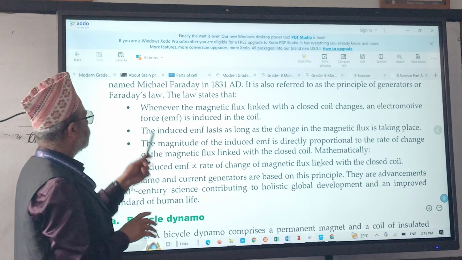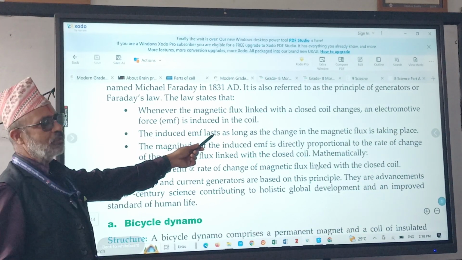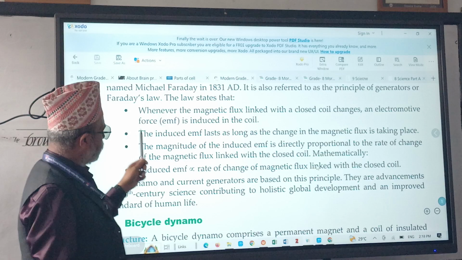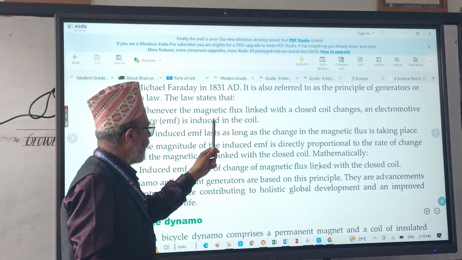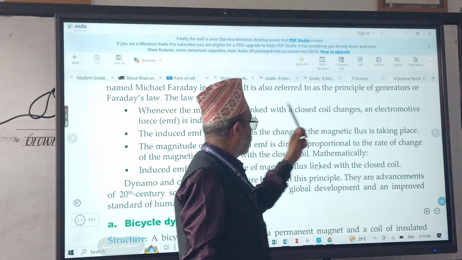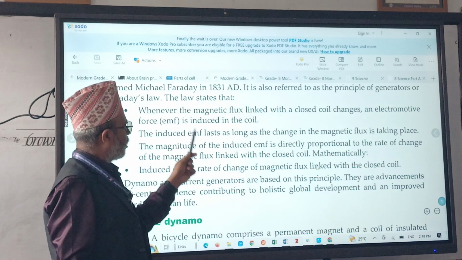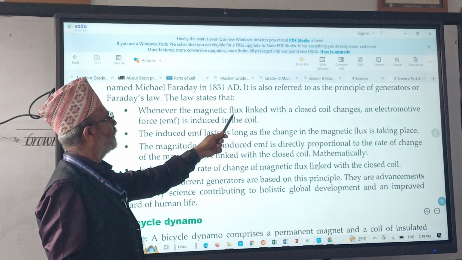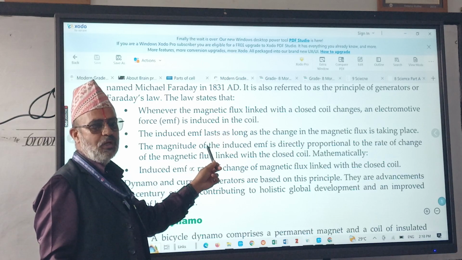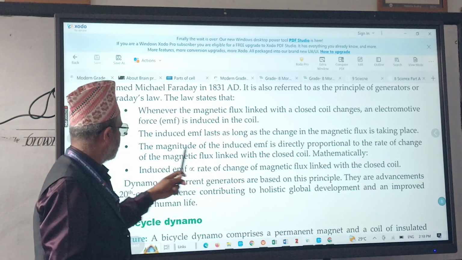Change in magnetic flux and electromotive force, or EMF, is induced in the coil. This is the first one. Second one, the induced EMF lasts as long as the change in the magnetic flux is taking place. There is production of EMF as long as there is change in magnetic flux. When magnetic flux changes, then EMF is produced, current is produced, otherwise none.